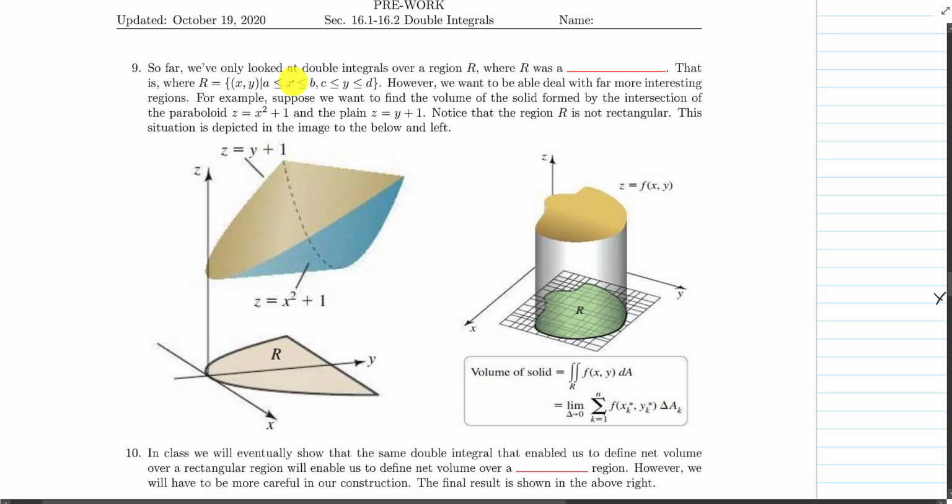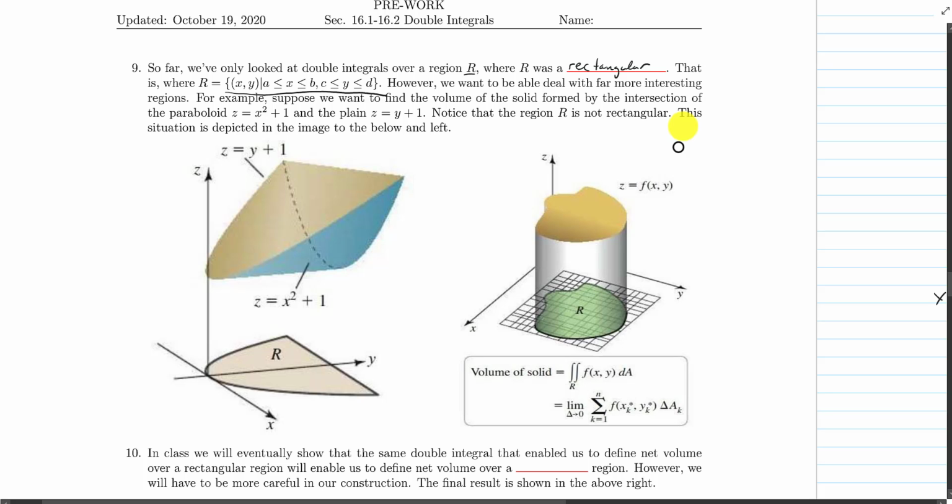So the key thing is that for the double integrals that we've looked at, the region R was a rectangular region. That is, we were always dealing with something of this form for the double integrals or their equivalent iterated integrals that we've computed so far.